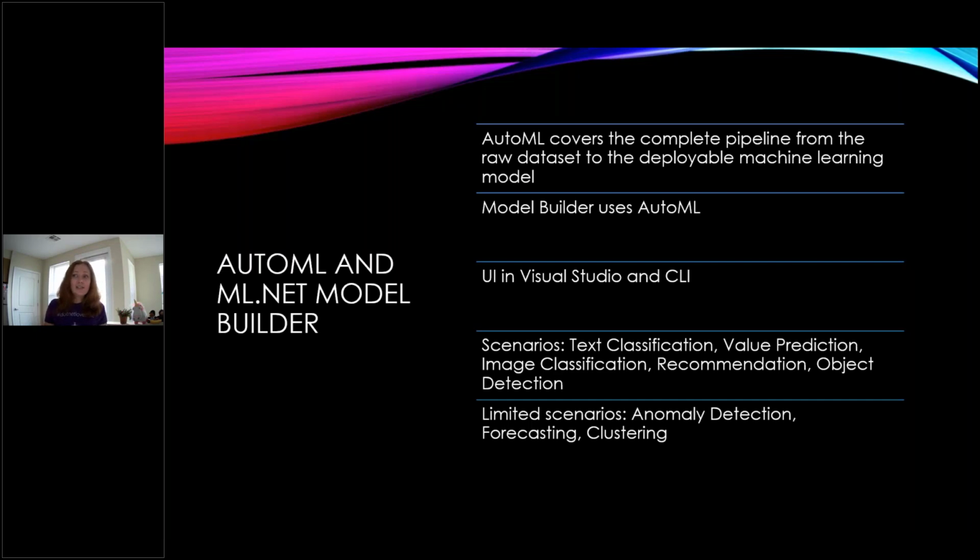AutoML here covers the complete pipeline from raw data sets to the deployable machine learning model. ML.NET Model Builder is pretty much based on that AutoML. It is utilizing AutoML functionality to create a model based on the data you provided.